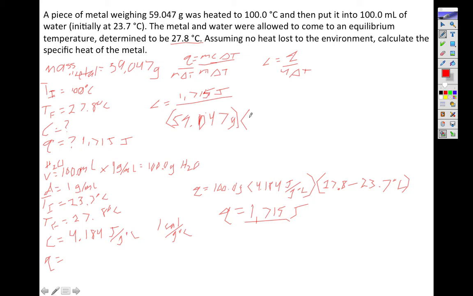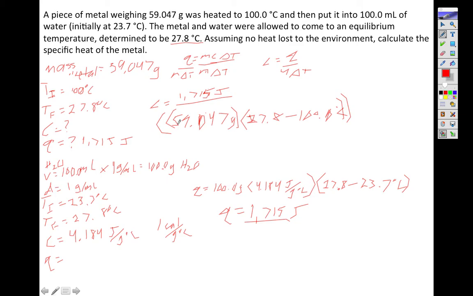My final was 27.8 minus my initial, which was 100.0. I'm going to put a second set of parentheses to make sure everything on the bottom is multiplied before it's divided.